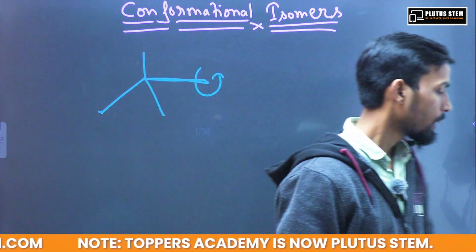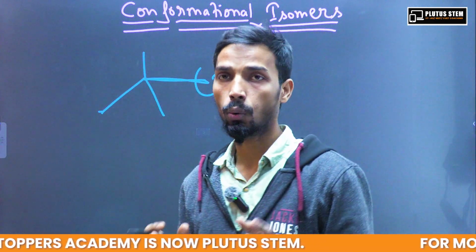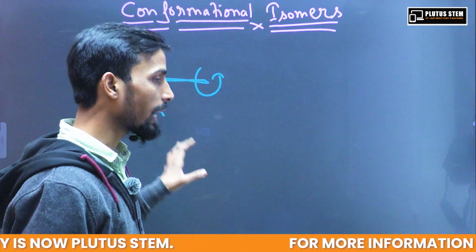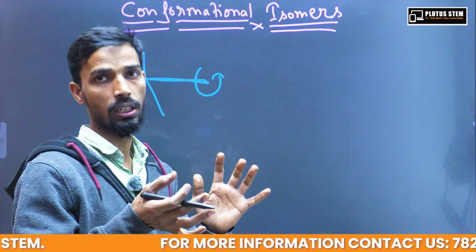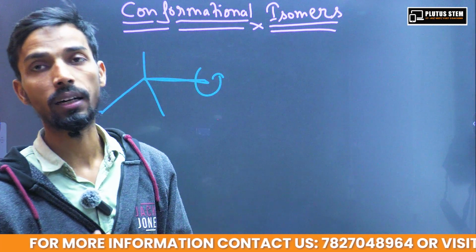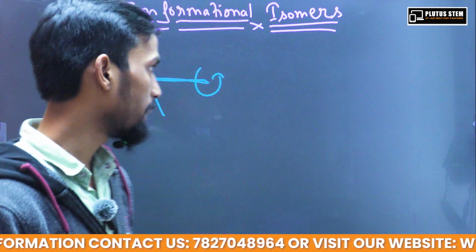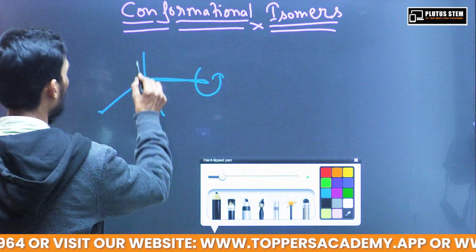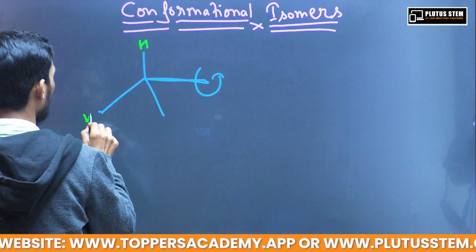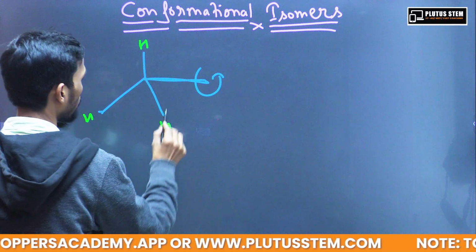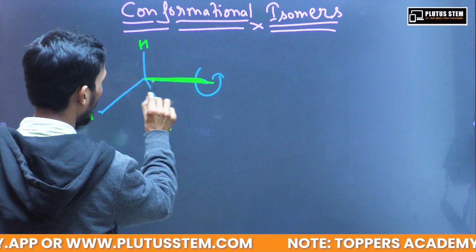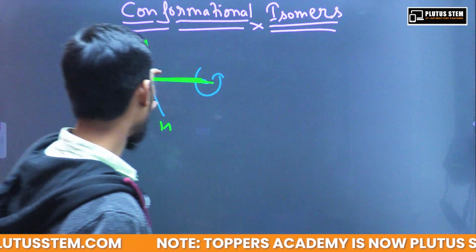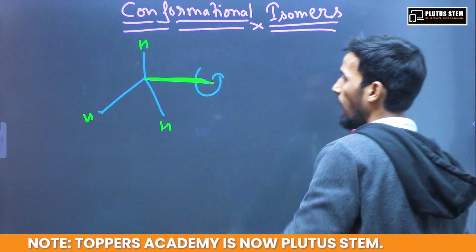We are aware of that. So due to this possibility of rotation, some different structures, or you can say conformers or rotamers, are possible. Like I would like to show you, this is hydrogen, and this is hydrogen, and this is another carbon, the fourth carbon. If we rotate these bonds, what will happen?